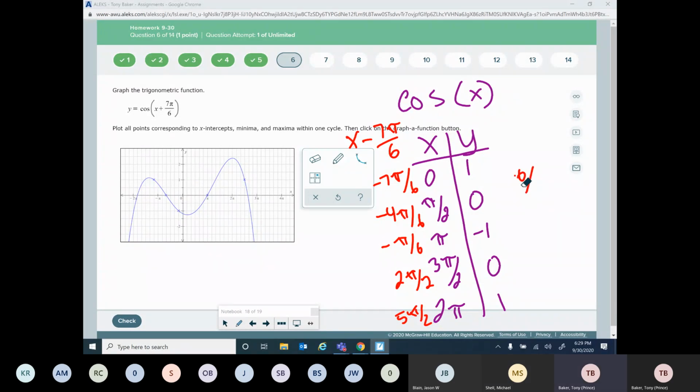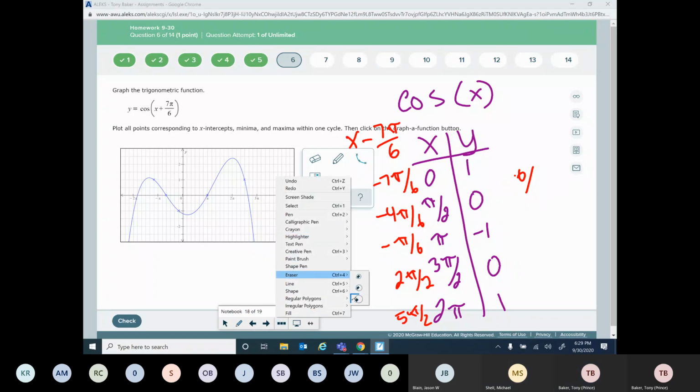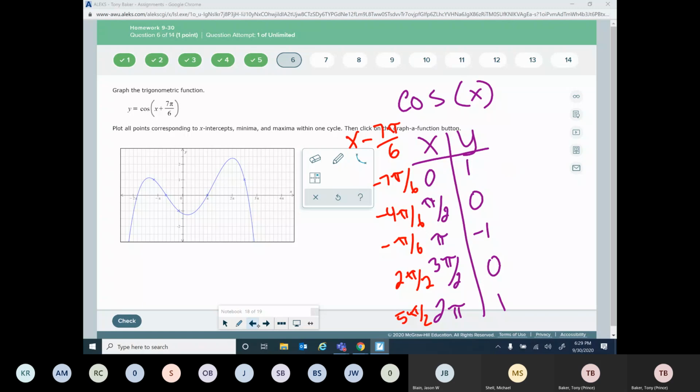That's 3 over 2, so that's negative 4. That's 6 over 6. There's a 1/3 pi?